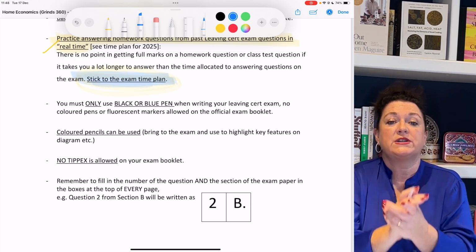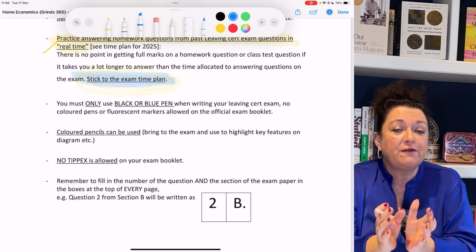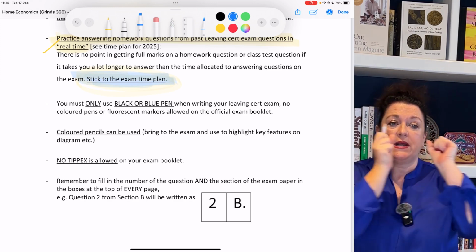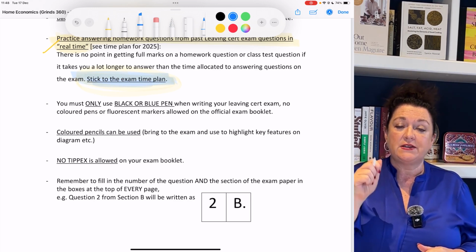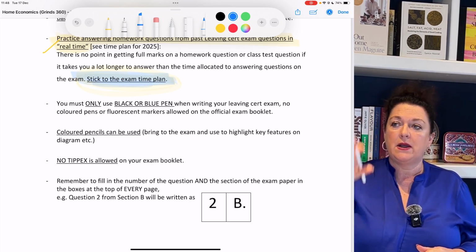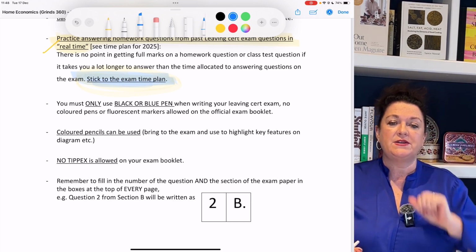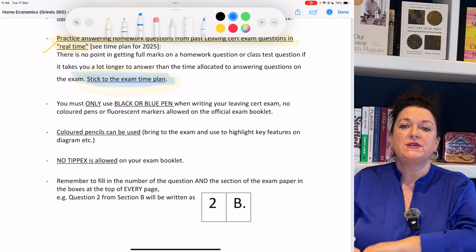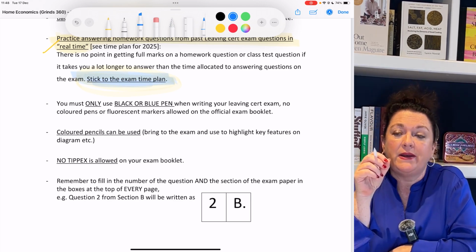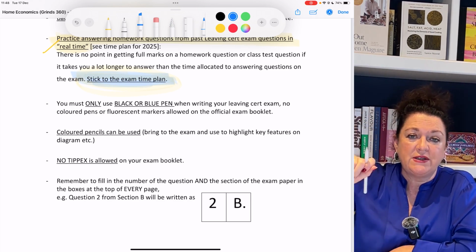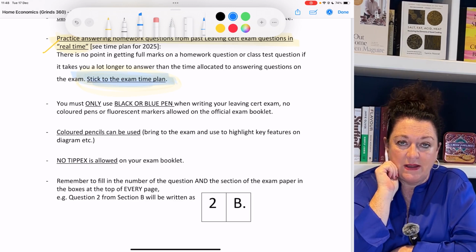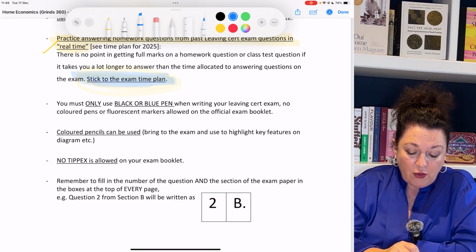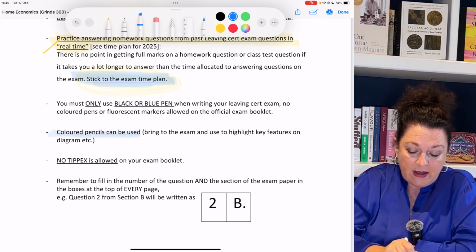And in our recorded classes, I say to you, if they're looking for a carboxyl end and a methyl end for every one of those fatty acids, highlight in yellow coloured pencil the carboxyl group and the methyl group. But if you're using something like a Uniball pen, it'll bleed when you go shading it. So that's where you can use your blue and black and Bic pens. So coloured pencils can be used, blue or black pen only.